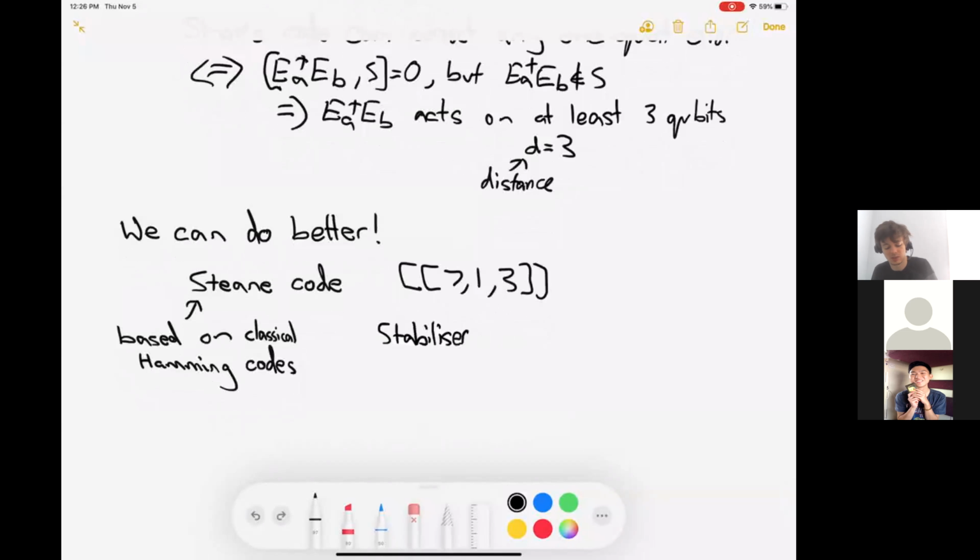And the stabilizers are just the following products of Paulis. Don't worry too much about the details. I'm just writing them here for completeness. But basically, you check products of Zs on 3 different sets of 4 qubits.